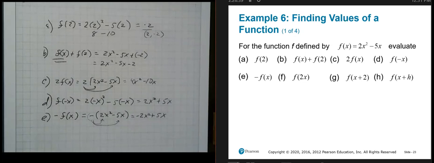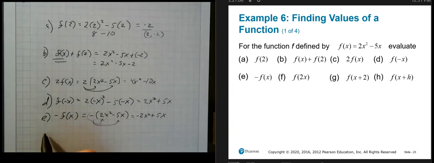We have special names for certain functions where if you put in negative x and every sign changes, we call those odd functions. And if you put in a negative x and the function doesn't change at all, all the signs remain the same, then we call that an even function. And we'll deal with those a little bit later.